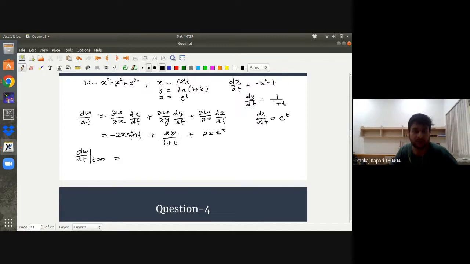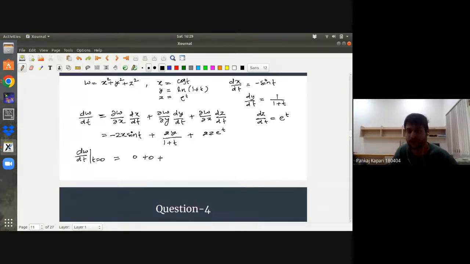But sine of 0 is 0, so the first term becomes 0. What is the value of y at t equal to 0? When you put t equal to 0 in y, you get log of 1, but log of 1 is 0. So you get 0.